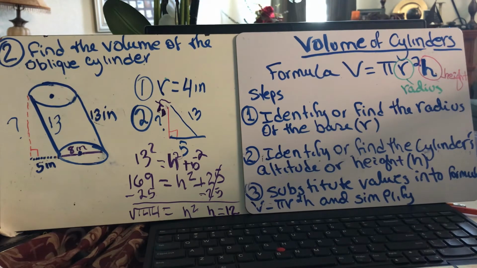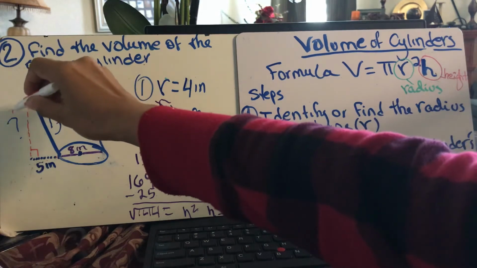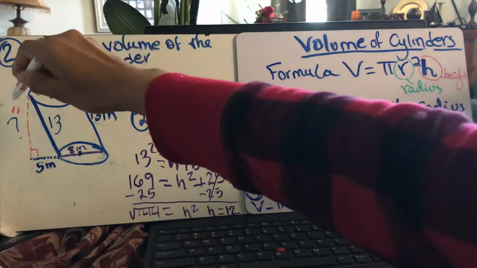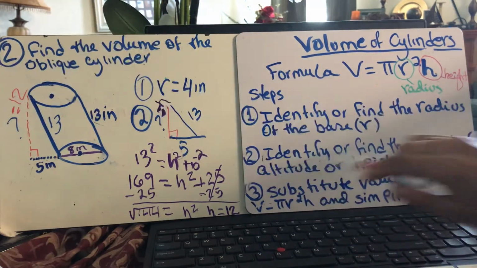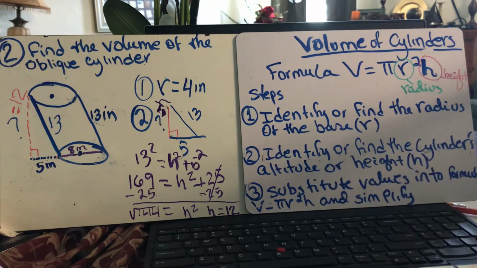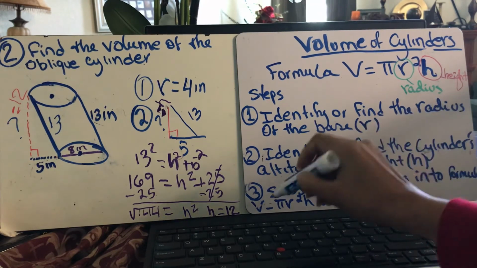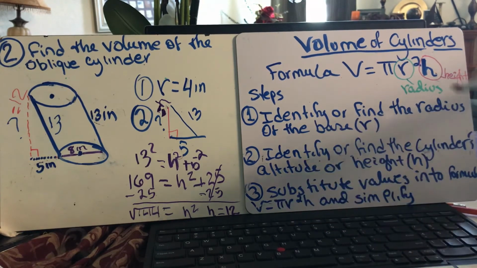So once I find my height, which is step 2, the height is right here, 12. Now I can substitute my values into the formula, V equals pi r squared times h, and then simplify it.